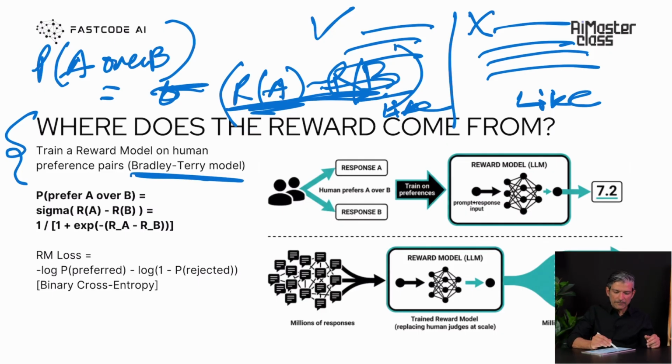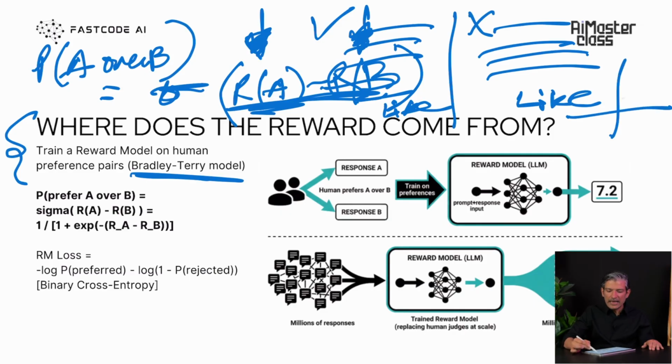Think about it: if I have a sequence where A is always better than B, because that is how I have arranged my data, I want my reward to be higher where the human has said A is better than B. And then I put a sigmoid. What is the sigmoid doing? It's essentially making everything in the 0 to 1 range. My domain can be anything, it's just making my range 0 to 1. The reward can be anything, and reward A minus reward B may be some number, maybe minus 100, maybe plus 1000, but the sigmoid will squish it between 0 and 1.